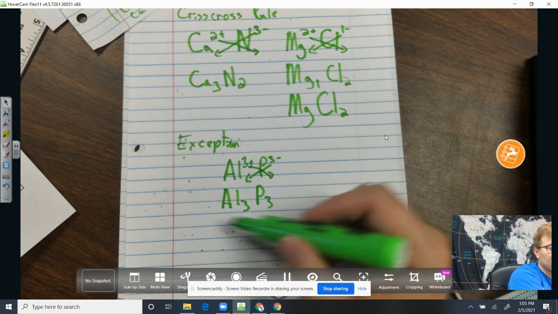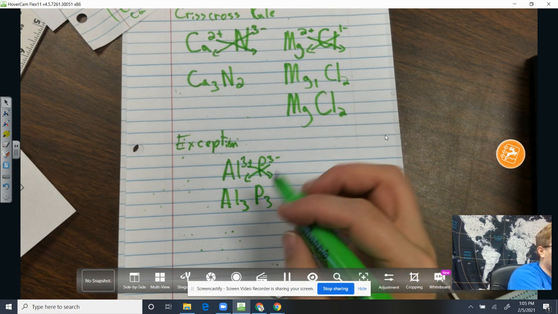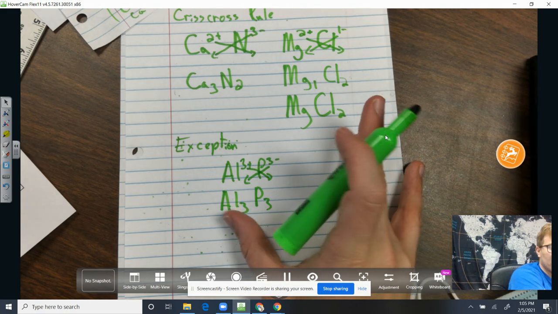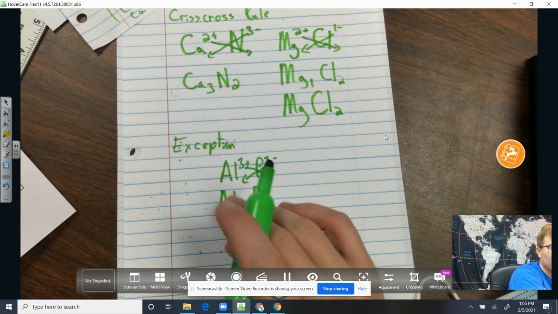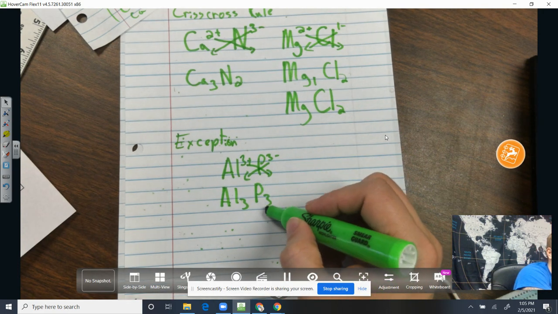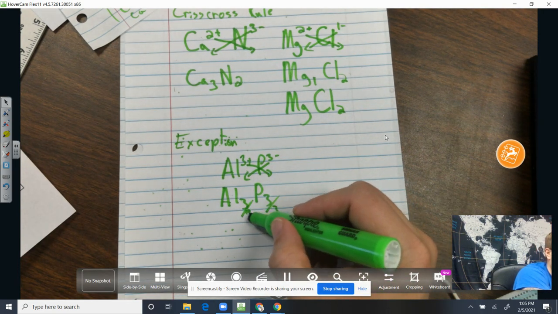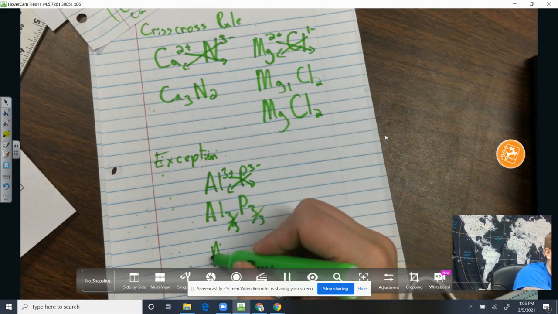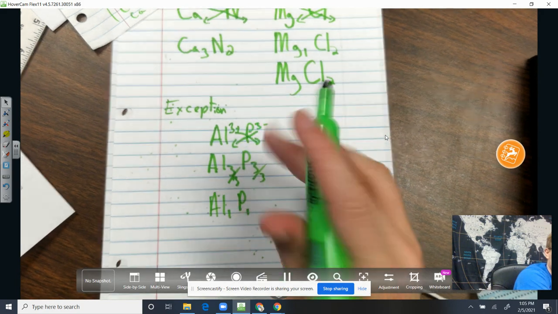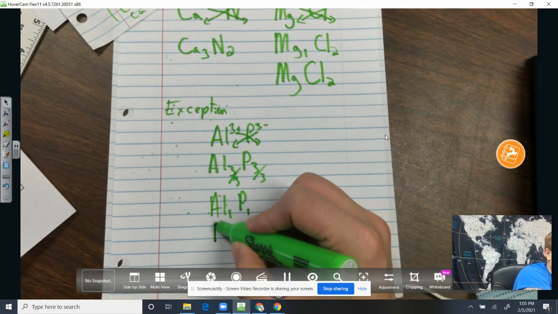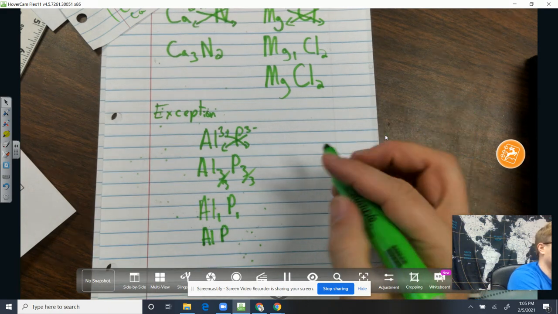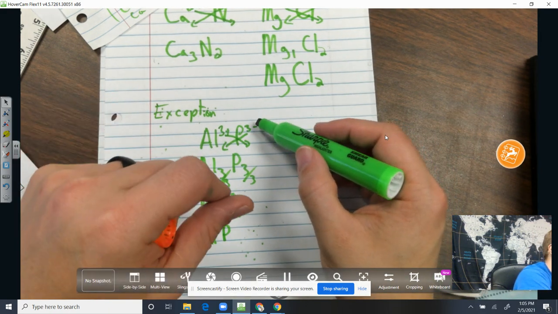Now, unfortunately, this is not the answer. We are going to have to simplify it. Since there's 3 aluminums for every 3 phosphorus, I can just do 3 divided by 3, and I get Al1, P1, or AlP. So we're going to simplify it.